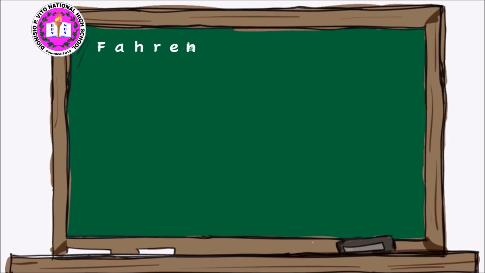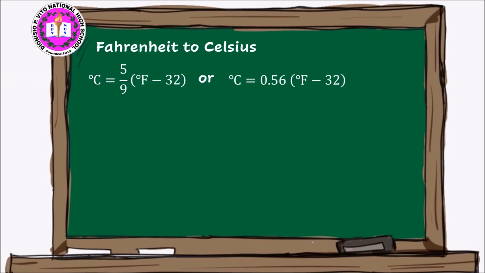If we're going to convert Fahrenheit to Celsius, we're going to use this formula: degree Celsius is equal to 5/9 times degree Fahrenheit minus 32, or degree Celsius is equal to 0.56 times degree Fahrenheit minus 32.